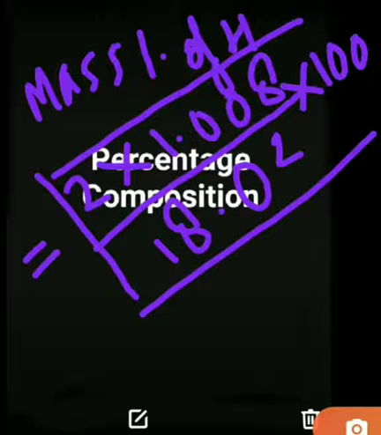Suppose we are taking carbon dioxide and we have to calculate the percentage of carbon. For that also, in the upper portion we will write the mass of that element. As we are considering carbon, we will write the mass of carbon, and below we will write the molar mass of the compound. The molar mass of carbon dioxide is 44, so we will write 44 into 100.